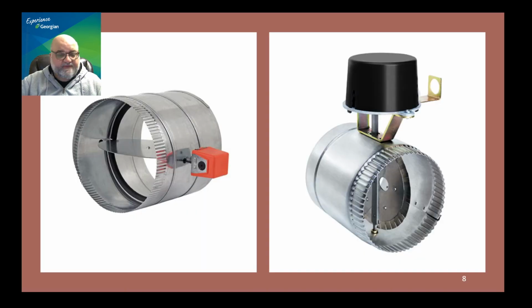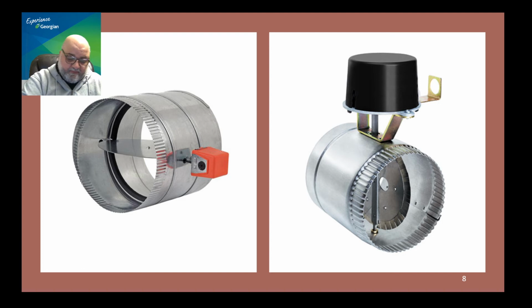Now, let's just very quickly have a look at those two items here. And please note that those are not barometric dampers. First of all, if you have an experienced eye, you can see that those are part of a duct system, so they are not designed to take high heat.